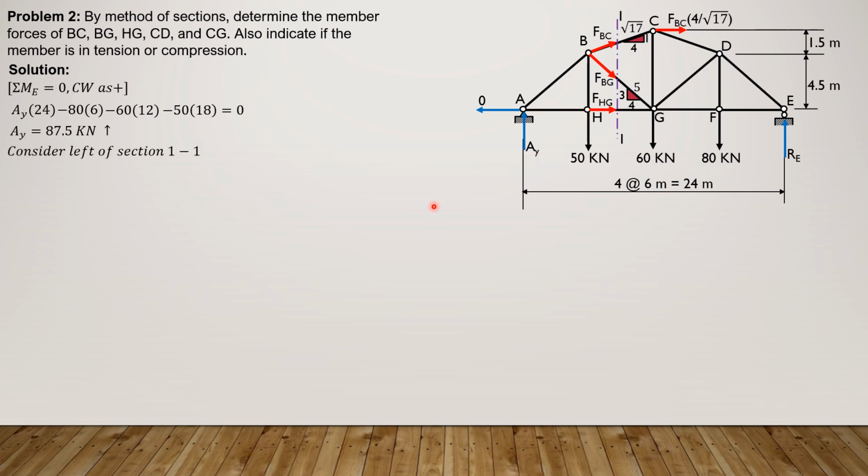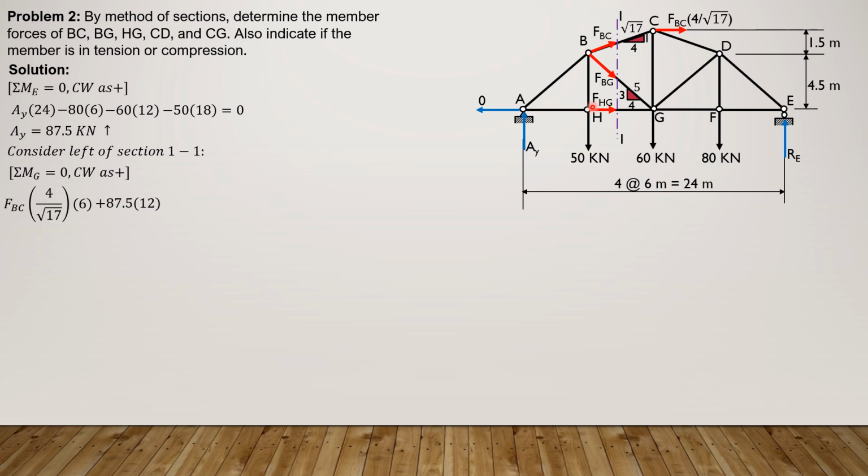So considering left of section 1-1, summation of moment about G equals 0, clockwise as positive. So FBC times 4 over square root of 17, the moment arm is 6. Then plus AY, which is 87.5 times 12.